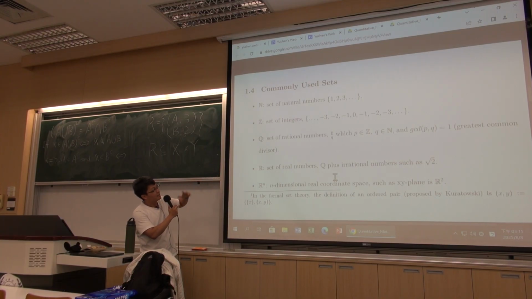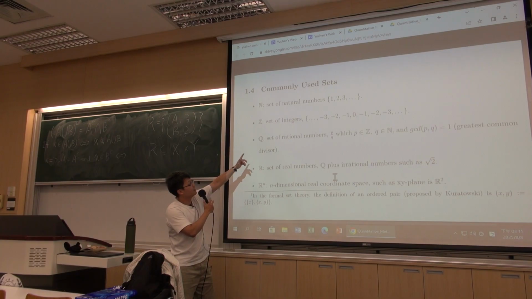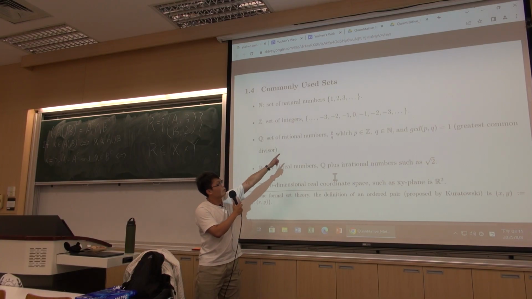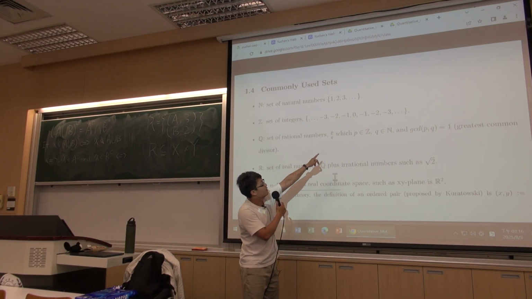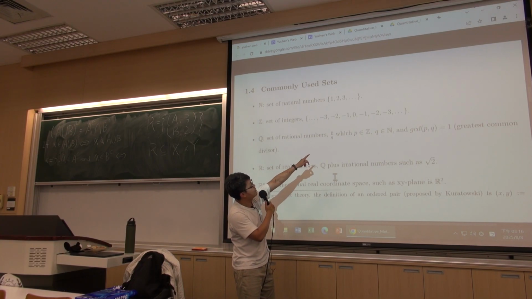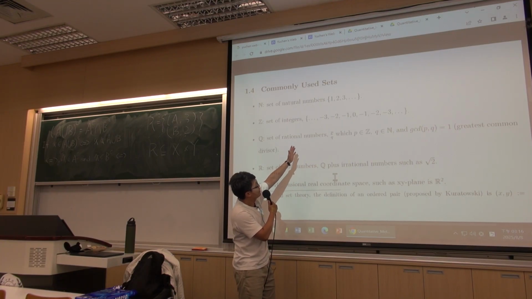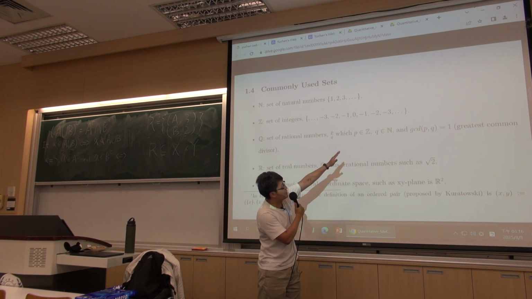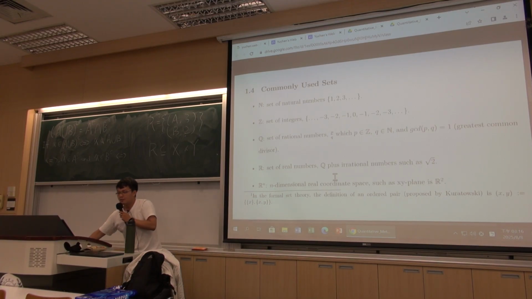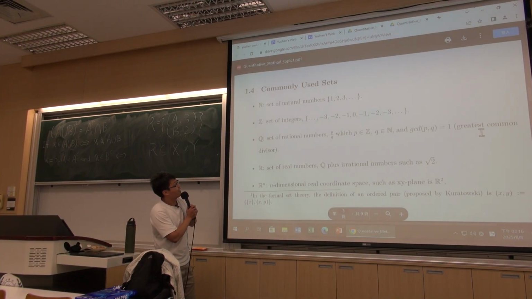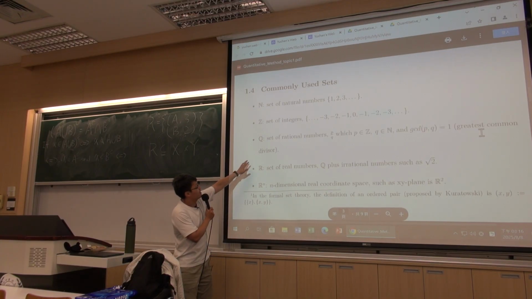And a bigger set is the integers, which contain the negative counterparts of the natural numbers and also the 0 here. Oh, so there's a typo. Okay, so it is like negative 1, 2, 3, and positive 1, 2, 3. Sorry, there's a typo there, and I'm going to fix it later. So this part should be positive. Okay, sorry about it.